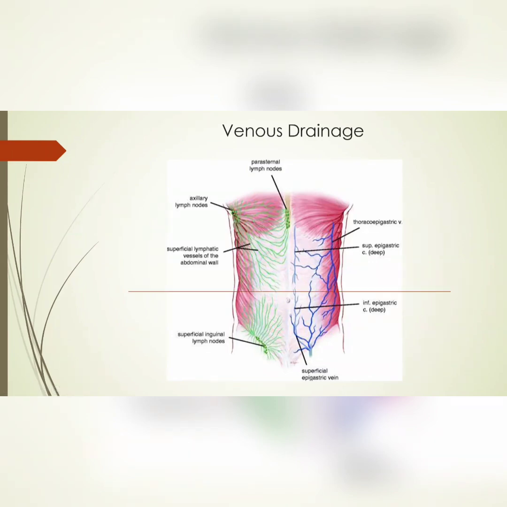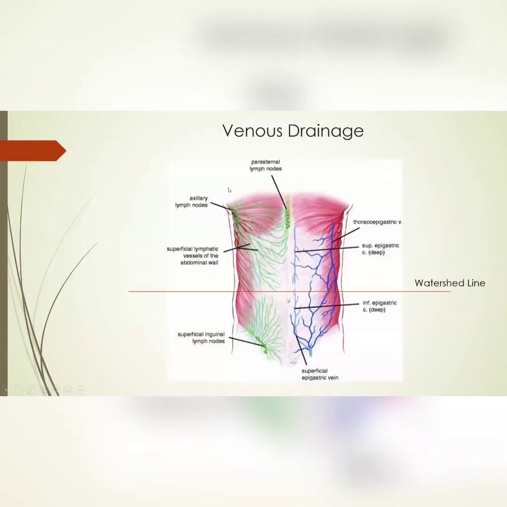The lymphatic drainage of anterior abdominal wall is different, superior to the umbilicus and inferior to the umbilicus. Superior to the umbilicus, lymph drains into the axillary lymph nodes, whereas inferior to the umbilicus, lymph drains into superficial inguinal lymph nodes.